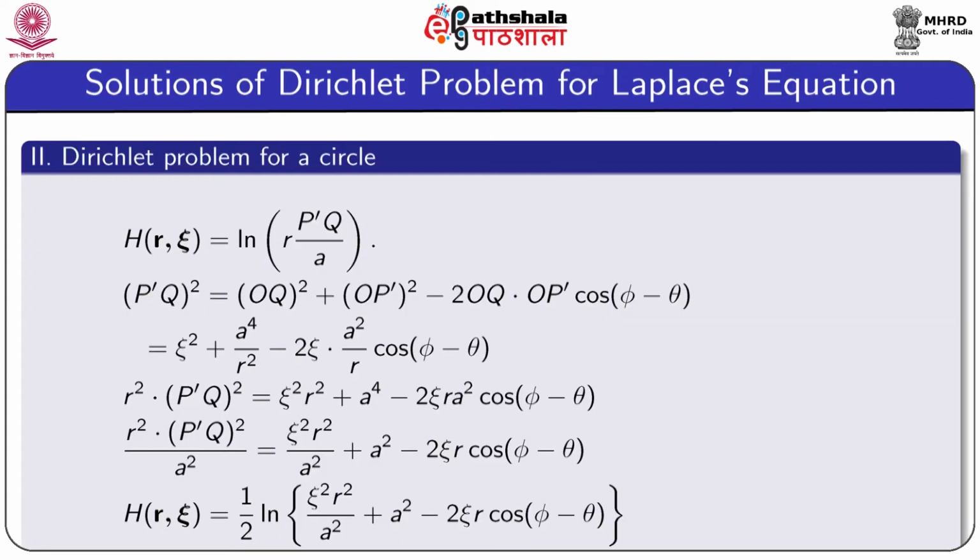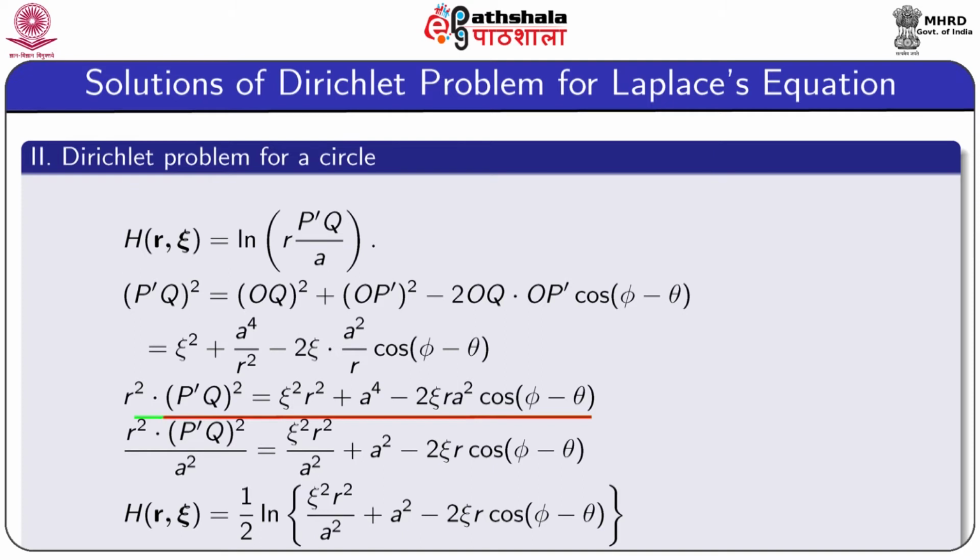So, we have written that expression here, P dash Q square is equal to this. Now, if we put the values of OQ, which is xi square, and OP dash, which is a to the power 4 by r square, minus 2 into OQ, which is xi, OP dash is a square by r, into cos phi minus theta.